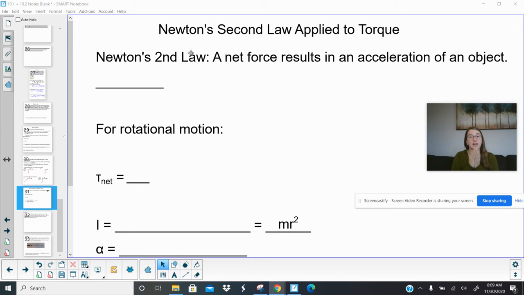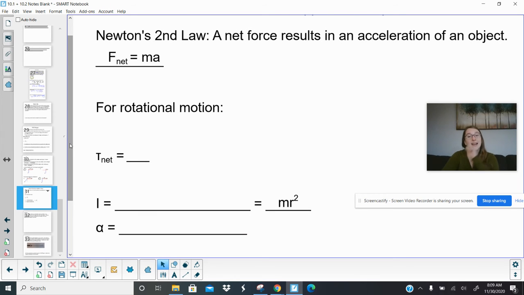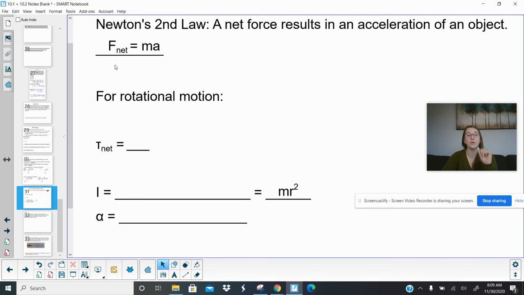So Newton's second law gave us the formula net force equals ma, right? Now, when we have rotational motion, though, we don't talk just about the force. We actually have the torque that we're talking about here. So the net torque is going to equal I alpha.